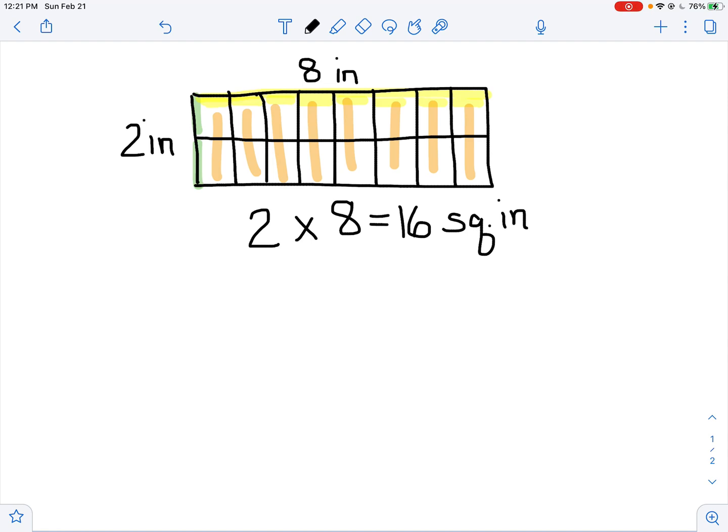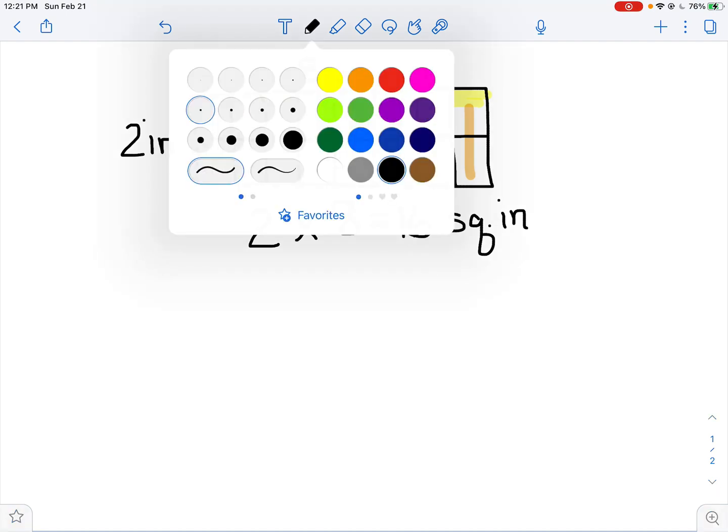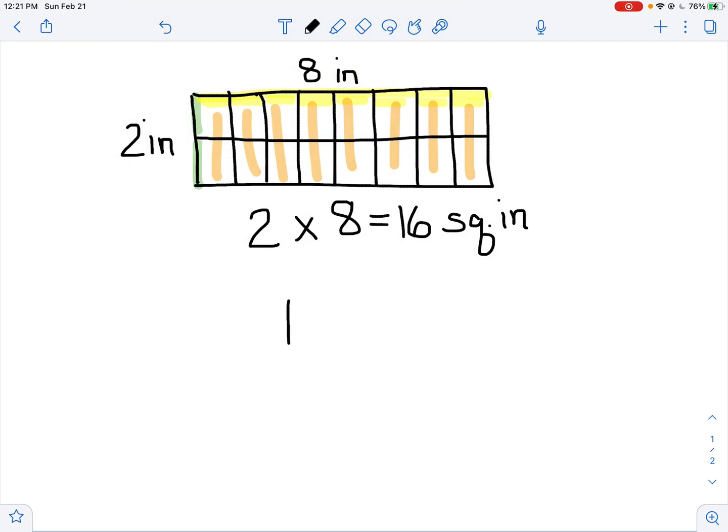Does that make sense? I'll show you one more kind of like that. And if you need to on your assignment today, feel free to draw those lines in, okay? If you need to do that to be able to determine the area of a rectangle, you are welcome to do that. How about, what if I gave you something that looked like this?